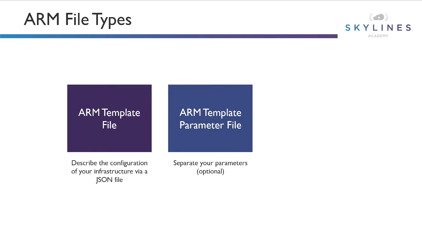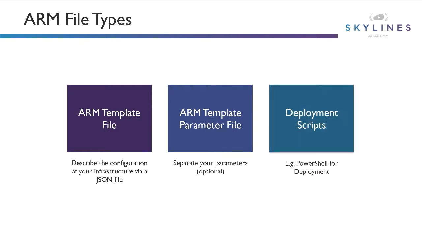In that parameter file, we would define the name of the storage account, the location, the SKU, and then any potential tags or any other properties that we needed to define. Once we have the parameter file and the template file, this gives us the ability to create modular deployments so that we can take both of those, make sure we're standardizing our deployments because they're all using the same template file, but each unique deployment or each unique resource gets its own parameter file.